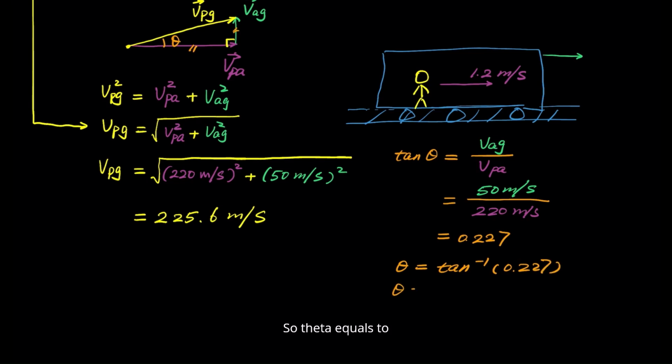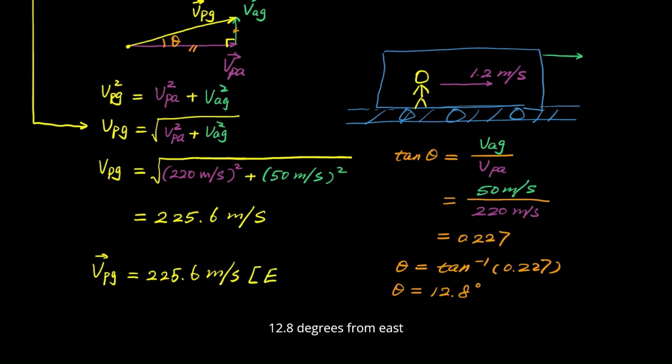So theta equals 12.8 degrees. So the velocity of the airplane relative to the ground is 225.6 meters per second and an angle of 12.8 degrees from east to north.